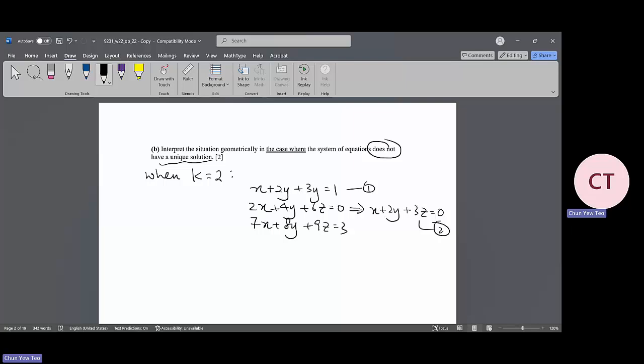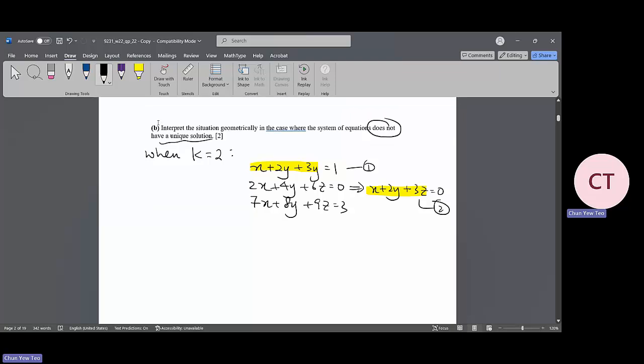However, you can see that equation 1, plane 1, and plane 2 have the same coefficients, which means they have the same normal vector. That means these two planes are parallel, but the constants are not the same. Interpret the situation geometrically.